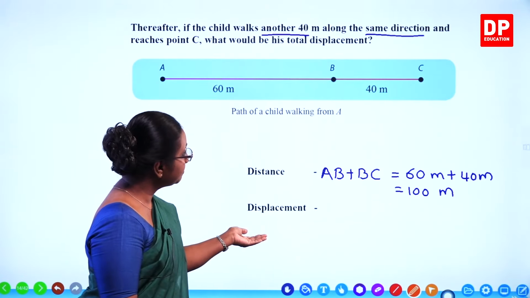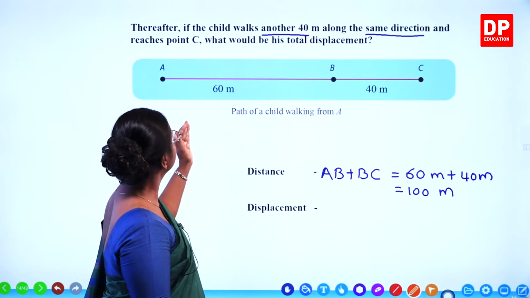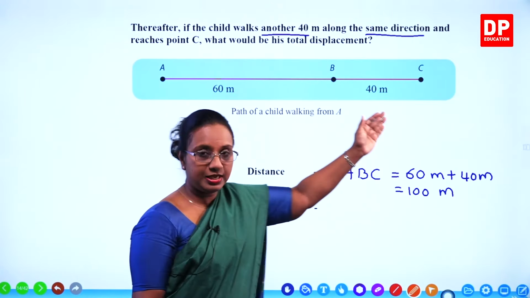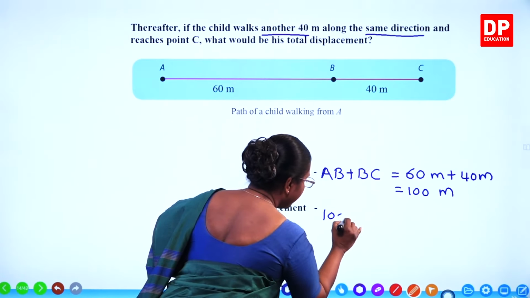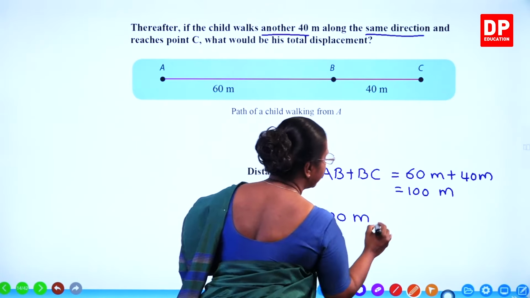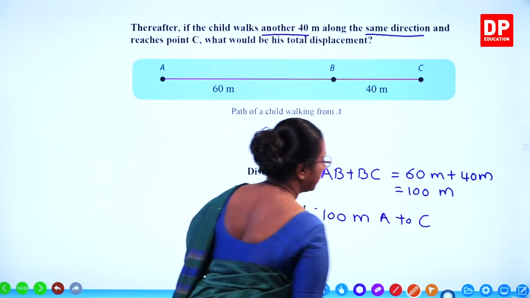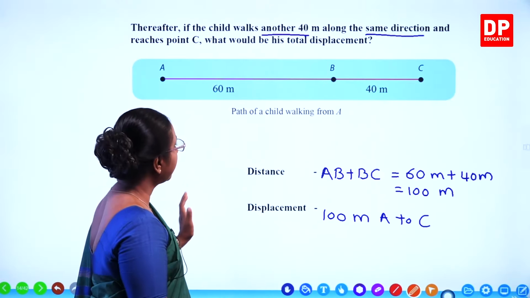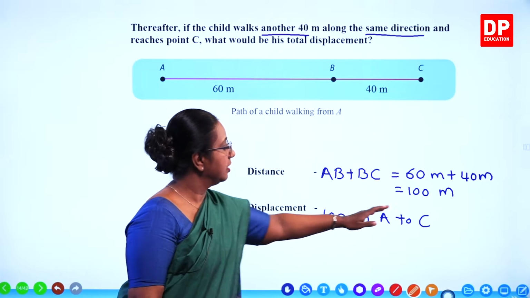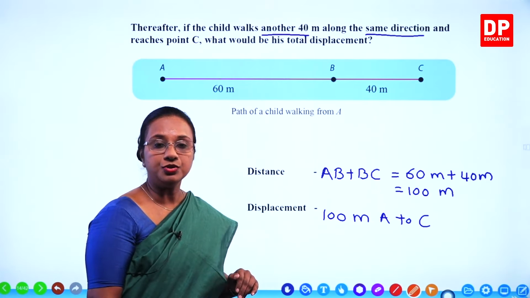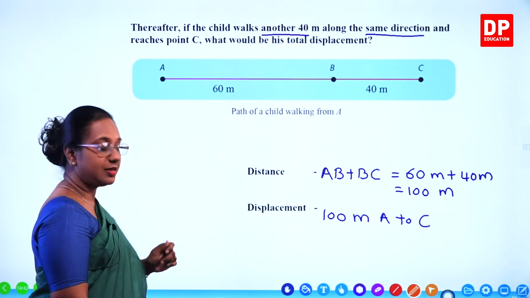If you take the displacement, again it's a straight line path and it is in the direction from A to C now. So the magnitude will be the same, 100 meters, and the direction will be A to C. So here we adapt the distance, same magnitude, direction is A to C. We will see what happens next.